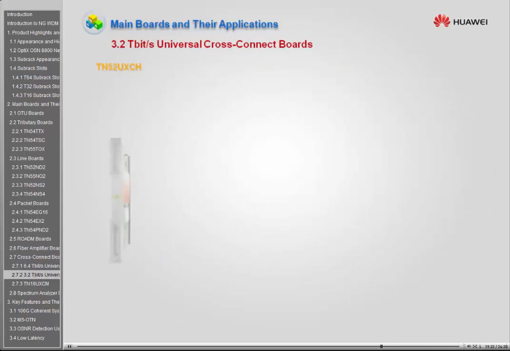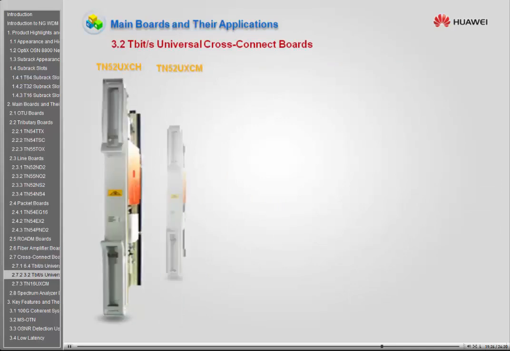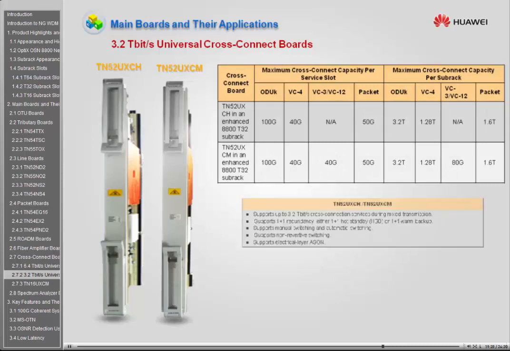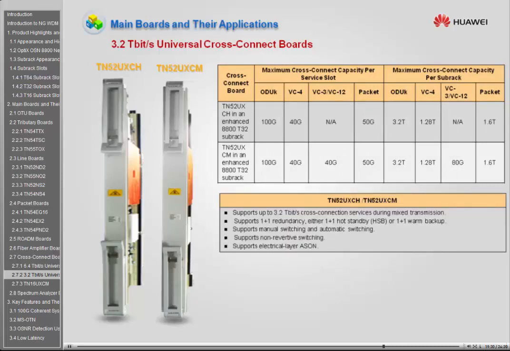The TN52UXCH and TN52UXCM boards are designed for enhanced optics OSN 8800 T32 subracks. Each of the boards offers a maximum of 3.2 terabits per second cross-connect capacities and supports packet switching of Ethernet services.